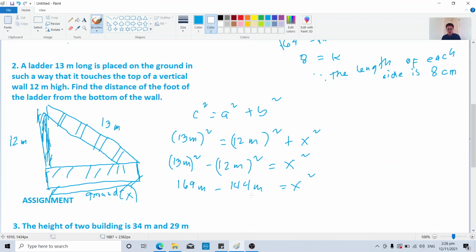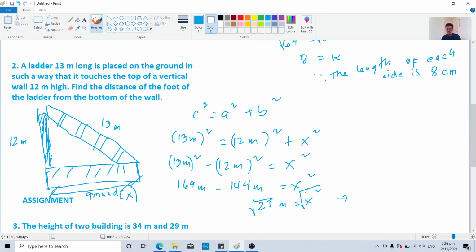Then subtract. What is 169 minus 144? It is equivalent to 25 meters is equal to x squared. Dapat ma-isolate natin si x lang dyan. Maiwan si x. Eh, may squared pa siya. Squared both sides.